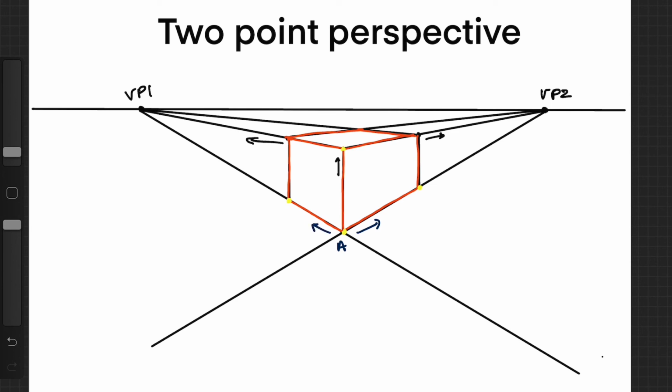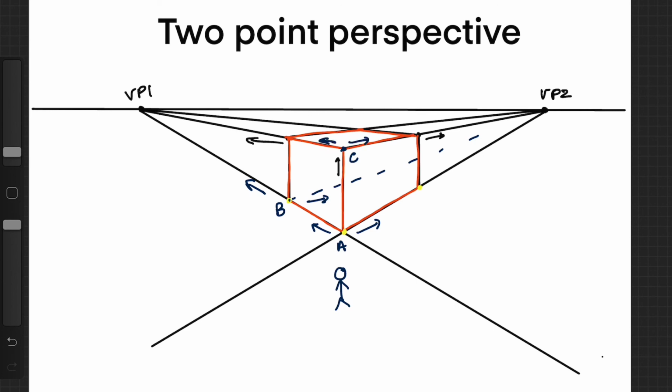Coming to B, the reason you cannot see B converging at VP2 is because that side of the cube will not be visible if you are standing over here, unless of course the cube or that 3D shape is transparent. But as you can see here, it meets VP1 and VP2. Coming to C, it meets VP2 and VP1.